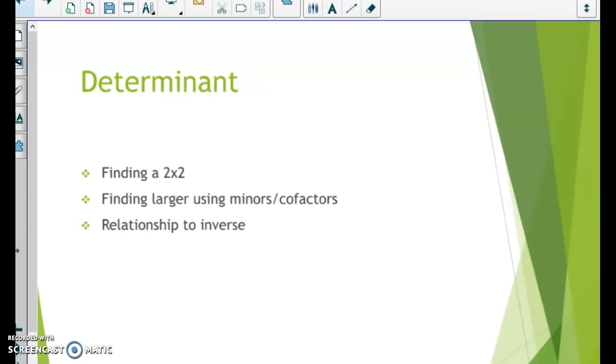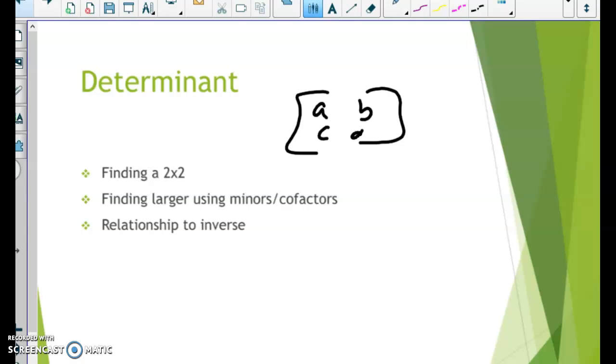Oh, the determinant. So if I have the determinant of A, B, C, D, my determinant would be 1 over AD minus BC. Well, no, that's not the determinant. AD minus BC is the determinant, and we use a formula to get inverses using the determinant. All right.